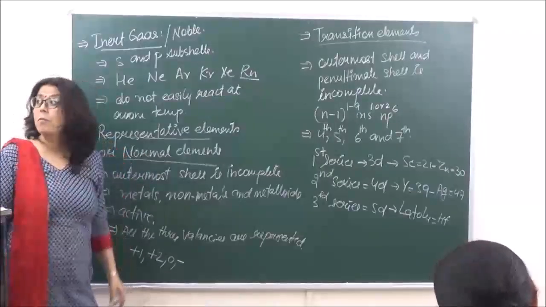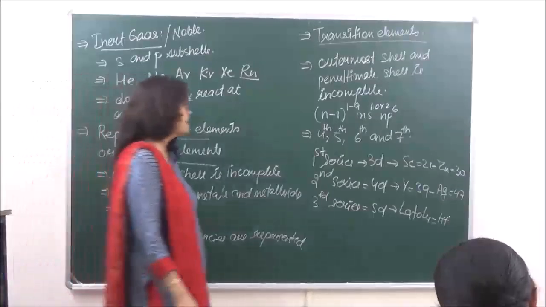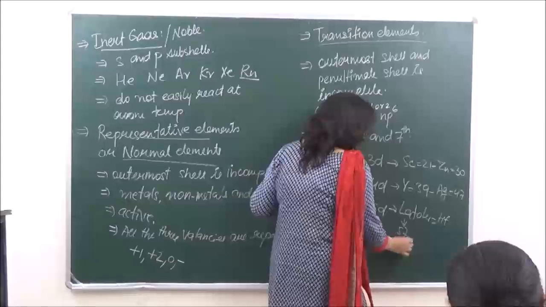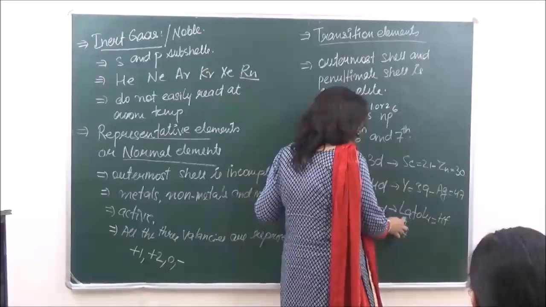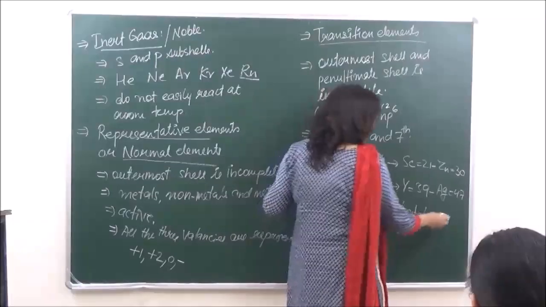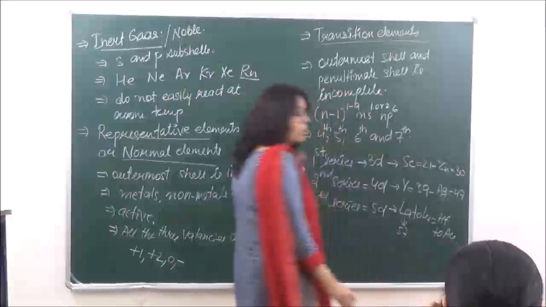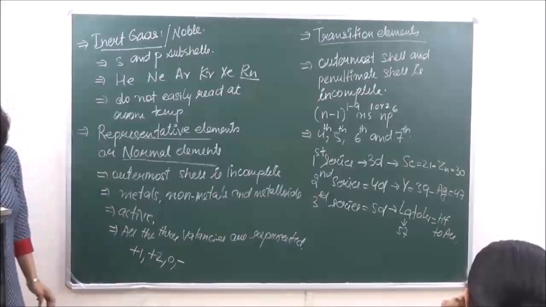Then from hafnium we fill up to gold, which is 79. Lanthanum's atomic number is 57. First we fill up the 14 elements from lanthanum to lutetium, and then from hafnium to gold we fill up the 5d series.